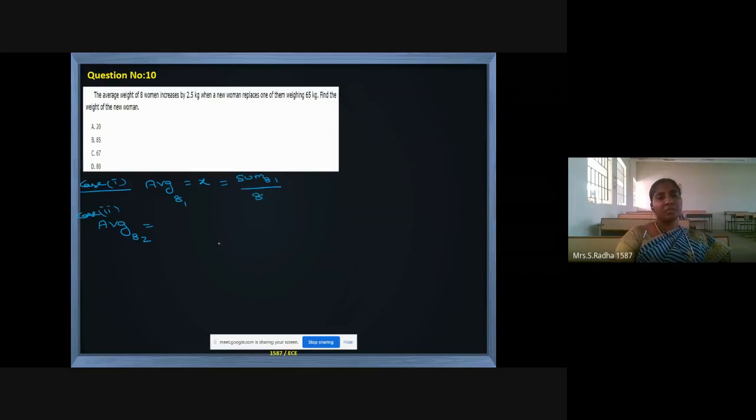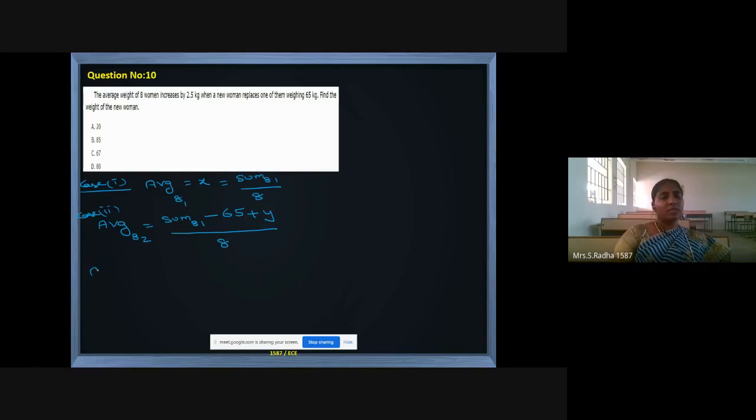In the second case, in the sum of 8 women, the 65 kg woman is removed and one new woman whose weight is y is added. But the total number of people is still 8 only.